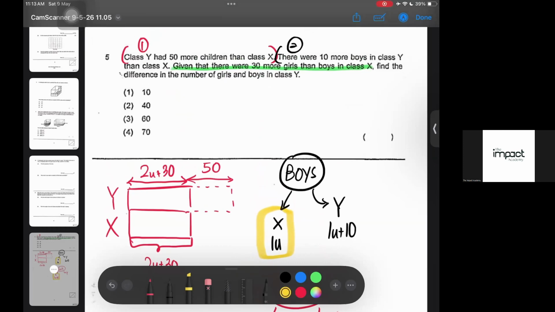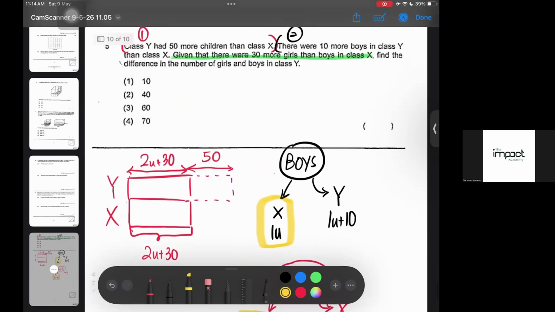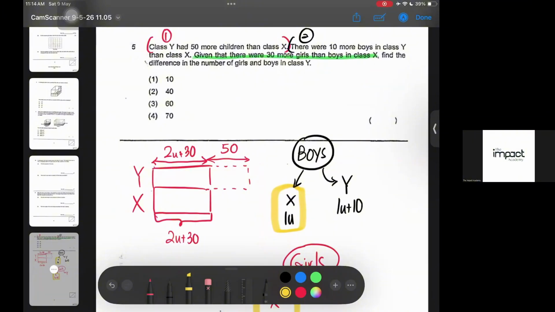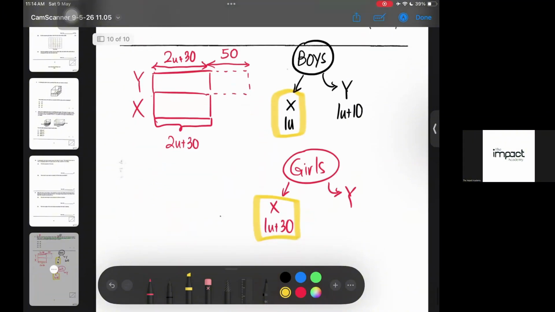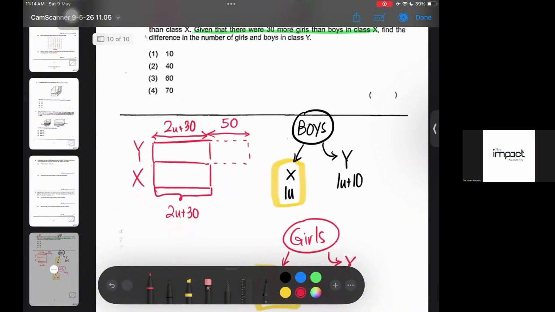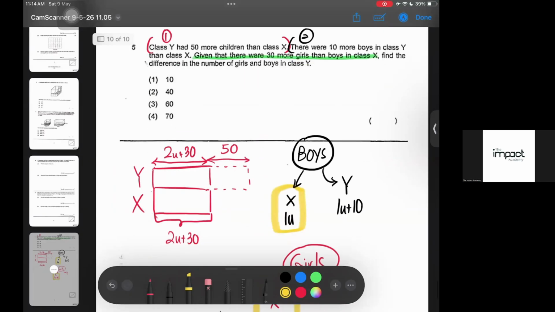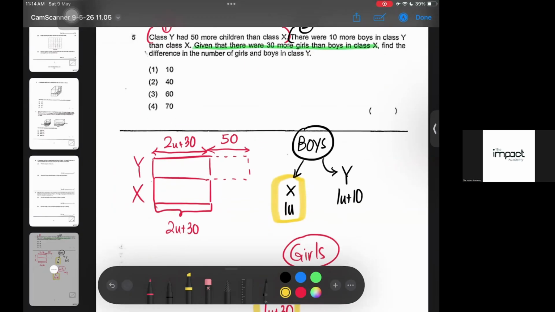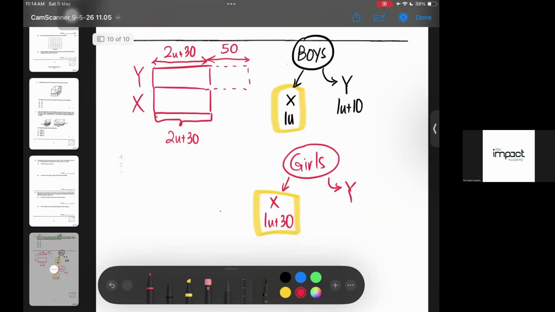What did the question say? What does the question want you to find? Find the difference in the number of girls and boys in class Y. Before you even go on, you must ask yourself, class Y, how many boys? 1 unit plus 10, right?